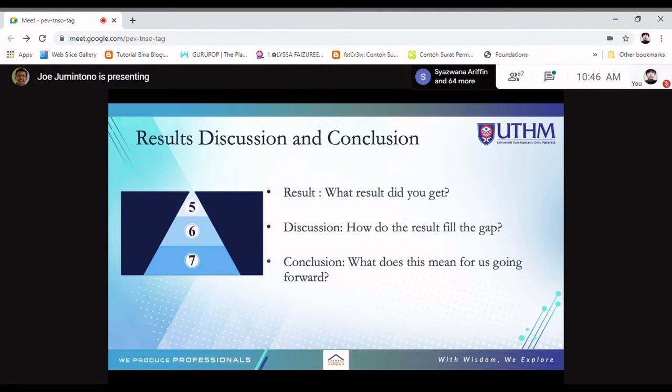Although result and discussion are two different parts, I suggest you put result and discussion in one subheading. So please put result and discussion in one subheading.